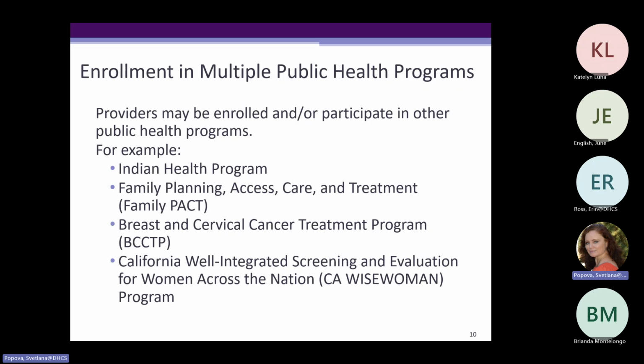And also, you may have come across the program called Wise Woman, which is California Well Integrated Screening and Evaluation for Women across the Nation. This is the program that provides screening for diabetes and cardiovascular diseases. And the way they work with us is that they choose EWC providers and EWC recipients for participation in their programs.